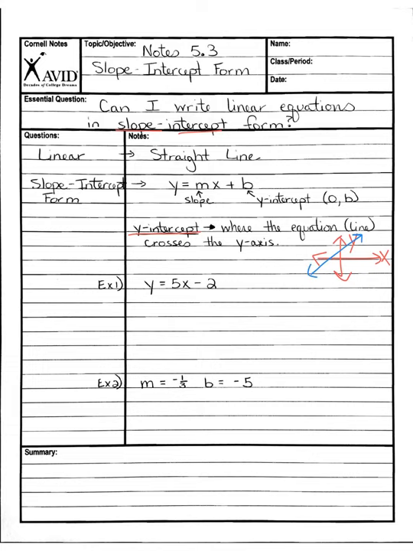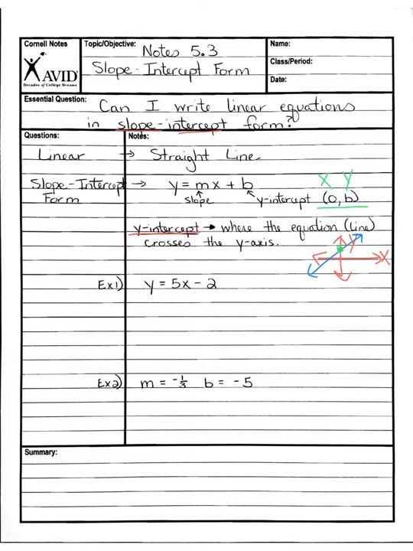Where it crosses the y-axis, that would be your y-intercept. Okay? That ordered pair is always going to be, the x will always be 0, and whatever the y value is, whatever number is the y, that would be your y-intercept, your b.